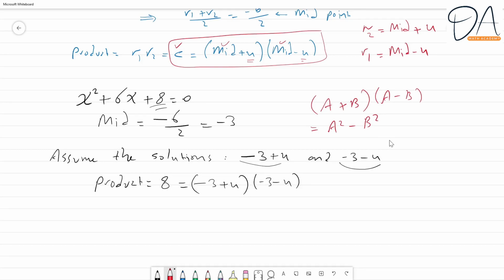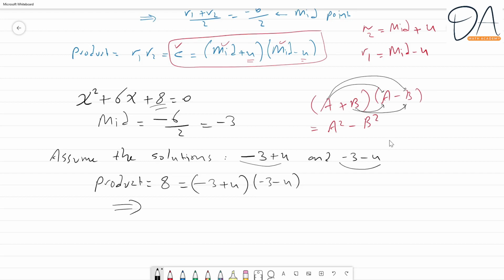You can get to this form easily if you expand a times a, then a times minus b, and b times a and b times minus b. You will see that the terms that have a and b, one is negative ab, the other one will be positive ab, cancel each other, and this is what is left.